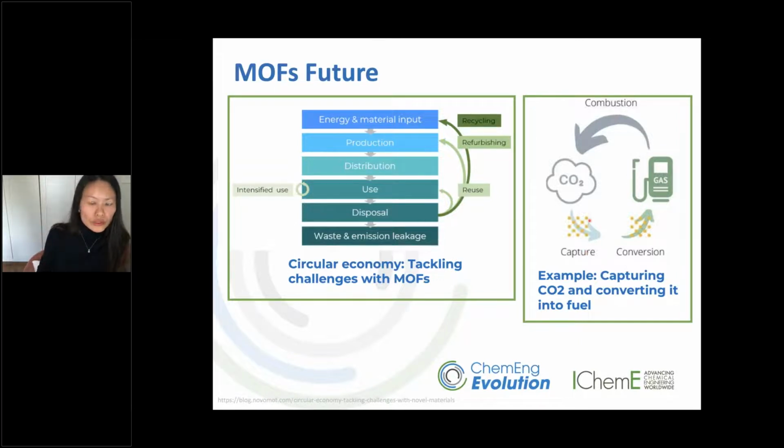You can use MOF for CO2 capture and sequestration. Once the CO2 is stored, some of it can be recycled in a circular manner by converting it into liquid fuel, for example methane or methanol. Again, this conversion is by MOF. This forms a very nice circle.